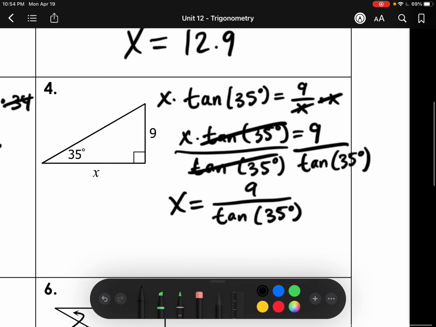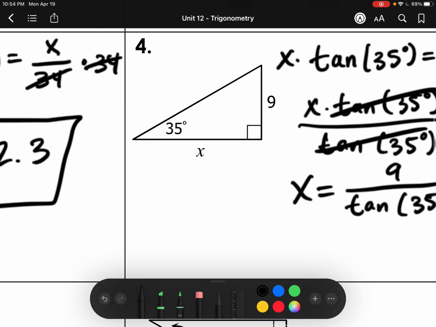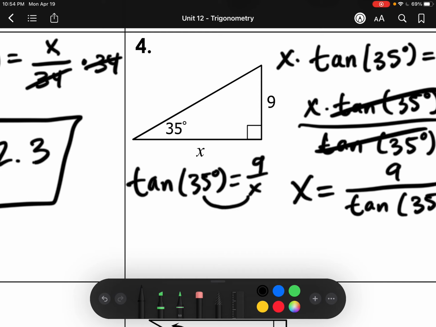And I showed you guys all the math on how to do this, but what you could have done from the beginning, when you had tangent of 35 degrees is equal to 9 over x, is just switch x and tangent, right?